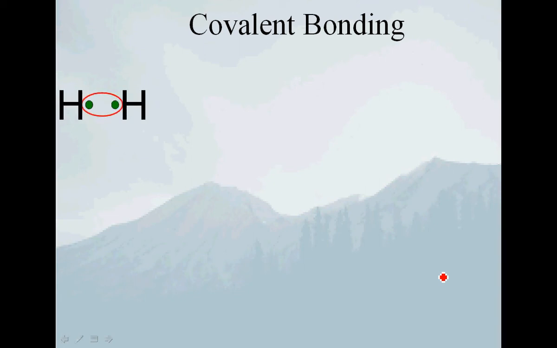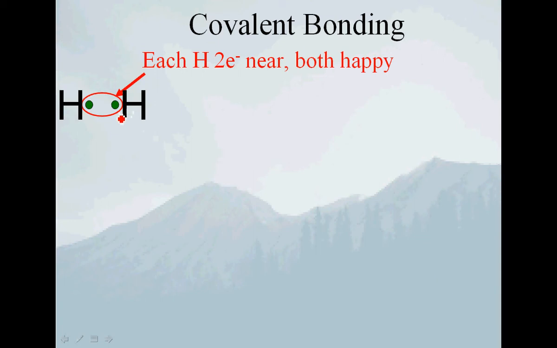So here we have two hydrogen atoms that have come together. And each hydrogen atom has one electron, one valence electron, in its outer shell. And each hydrogen actually wants to have 2 electrons in its outer shell, because then it will be just like helium.